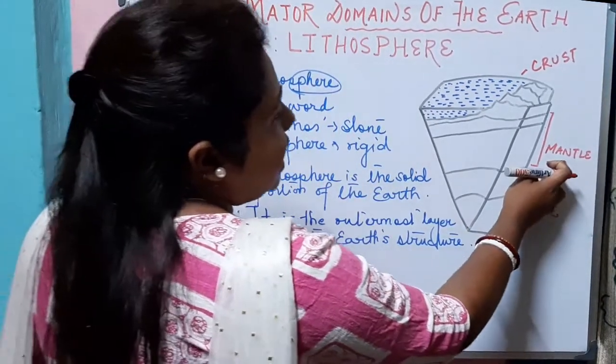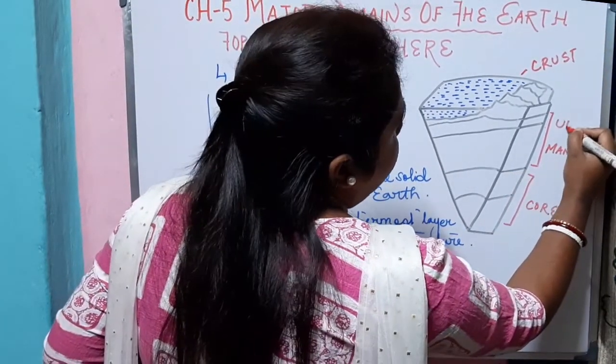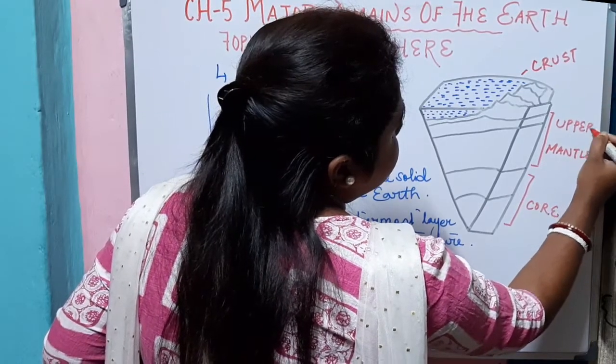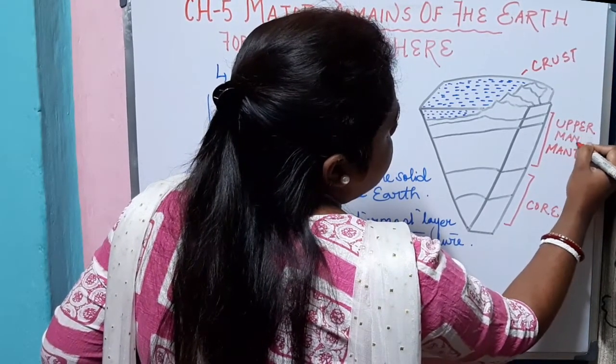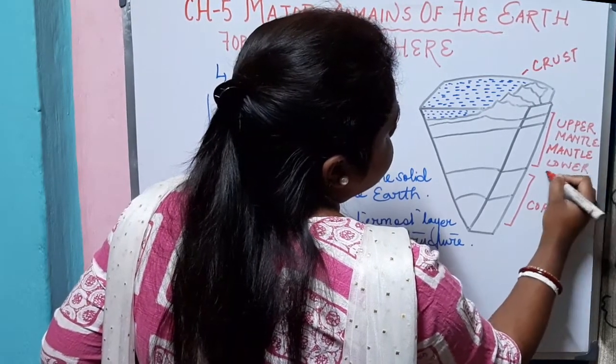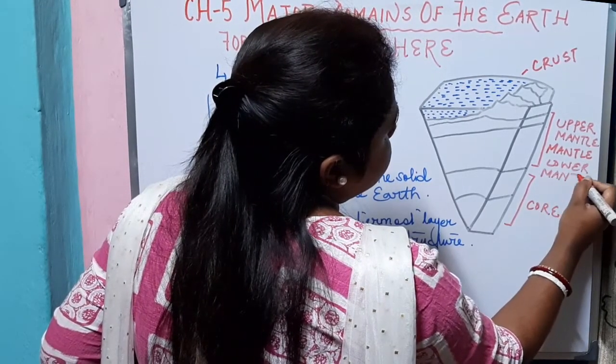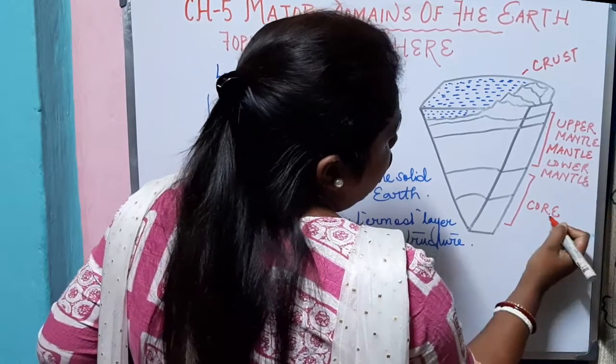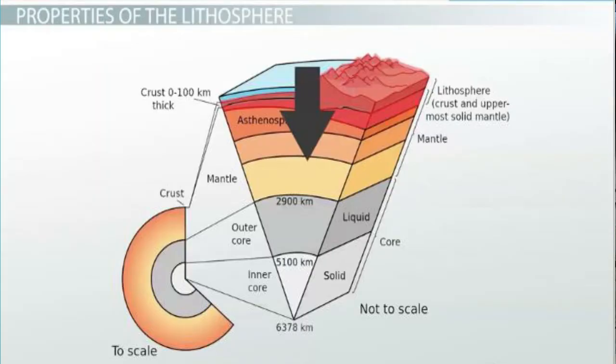Now, mantle is divided into upper mantle and lower mantle. Core is again divided into outer core and inner core.